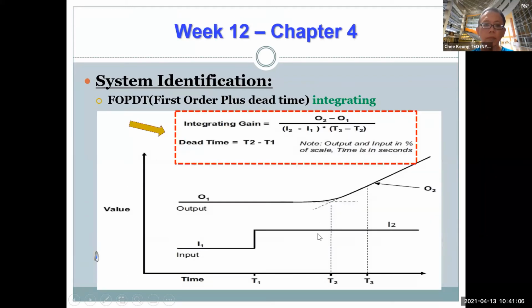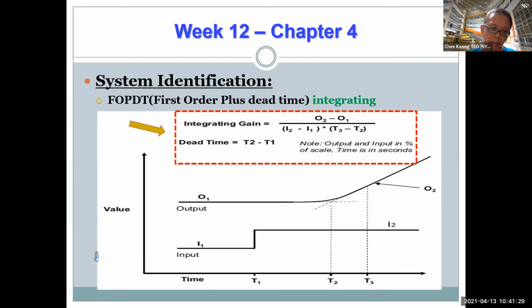Right? For FOPDT integrating, there are only two parameters to take note of to construct the transfer function GPS. Firstly, the integrating gain KPI, and secondly, the dead time. So for first order plus dead time integrating, there are only two parameters to compute, right?